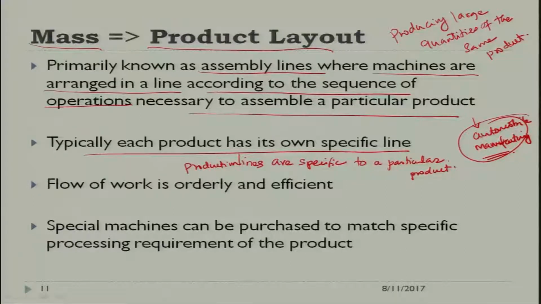Okay. And here the main advantage is that the workflow is very ordered, because the machines are arranged in a linear sequence based upon the operations that are necessary, and hence it is also efficient. There is no haphazard flow; things flow in a linear fashion.